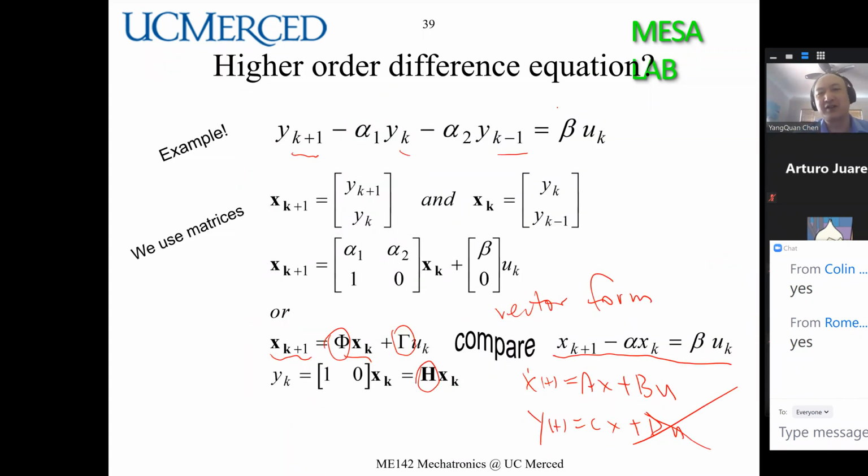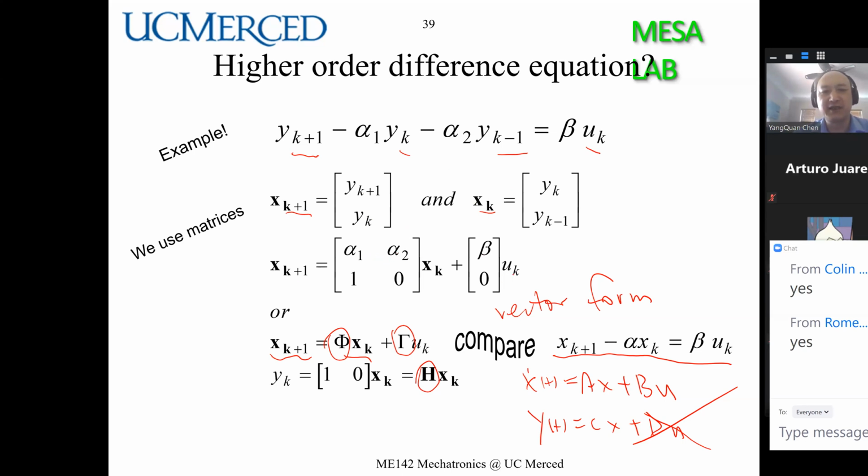Let us use the second order for you. So this is K plus 1, K and K minus 1. So this is second order, okay? Then I can write a vector form of X. The vector is K and K plus 1. And I can write this one, X K plus 1, could be written as alpha 1, alpha 2.